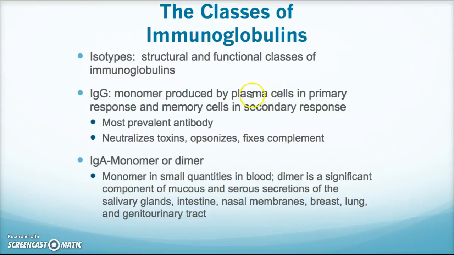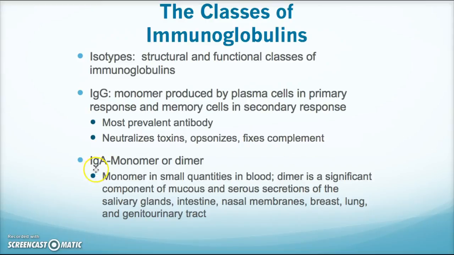So they come from the plasma cells in a primary response, and they come from the memory cells when we have a second infection, perhaps, by a particular bacteria. IgGs are the most prevalent antibody. Most of our antibodies are IgG, and they have the ability to neutralize toxins, to do opsonization, and also to help fix complement, so to help those complement proteins attach and puncture a particular foreign agent.